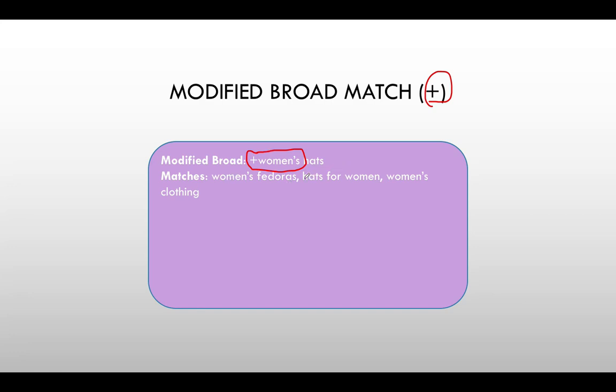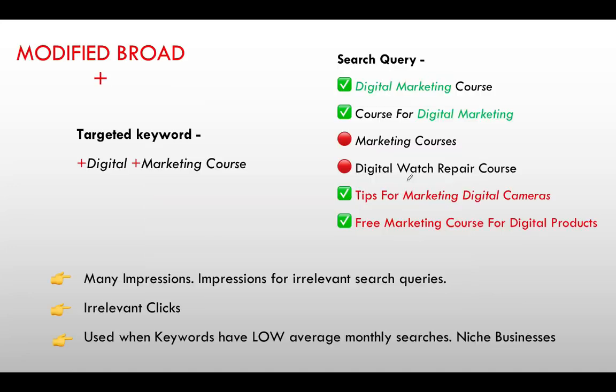If someone searches for hats for women, so women and women's match, your ad will get triggered. Remember, Google considers singular plurals and spelling mistakes. Women's clothing, again your ad will get triggered because your search query contains women's as the word. Okay. Let us look at a few more examples.